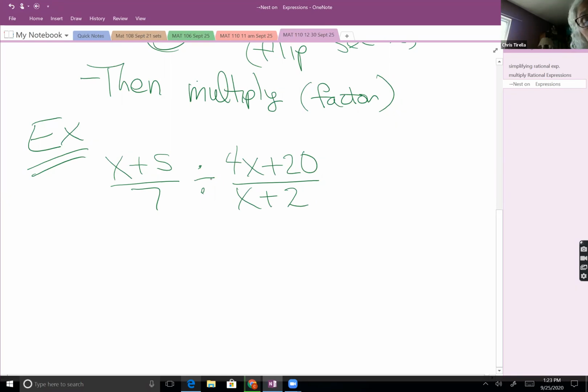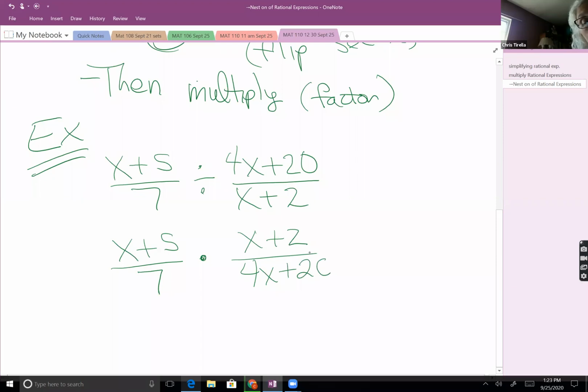Going to rewrite the division as a multiplication, x plus 5 over 7. The dividend, the first one stays the same. The division becomes multiplication, and then I take the reciprocal of the second, giving me x plus 2 over 4x plus 20.